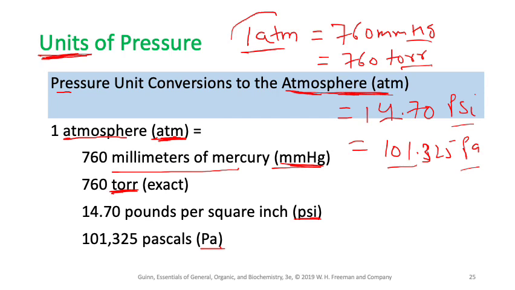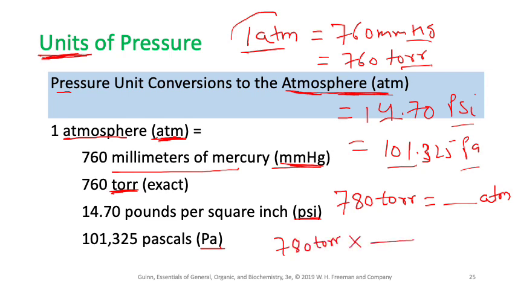For example, if I have 780 torr, how many atmospheres do I have? How are you going to do it? So we already know I can write 780 torr, and then we know 1 atmosphere is equal to how much? 760 torr. Can I make a conversion factor? Yes, I can. Put 1 atm on the top, put 760 torr on the bottom.